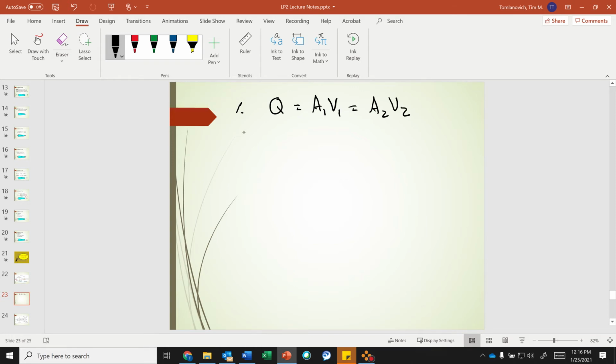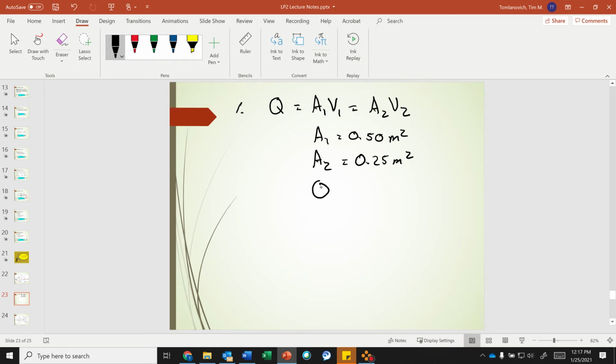Area 1 equals 0.5 square meters. Area 2 equals 0.25 square meters.